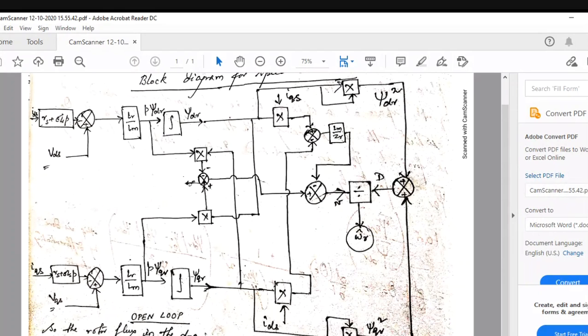The expression, okay. Achin, you please tell me the expression. Sir, omega r expression, sir. Exactly.